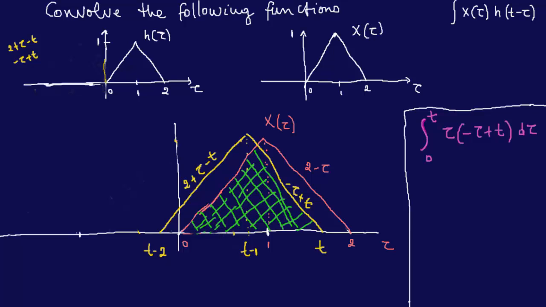Now we can go and find the integral, but as you can see here, it's divided. We have 3 parts: from 0 to t minus 1, from t minus 1 to 1, and from 1 to t. Those are our intervals really.